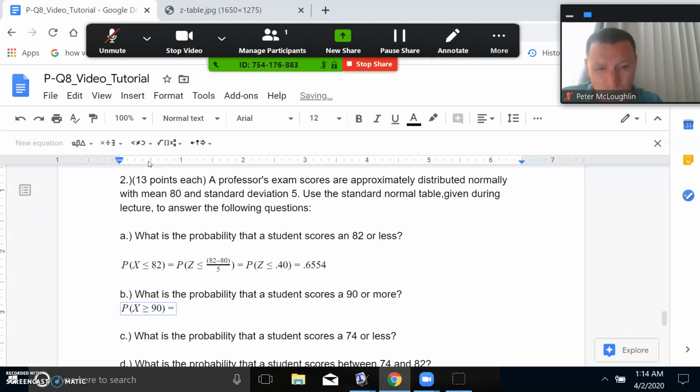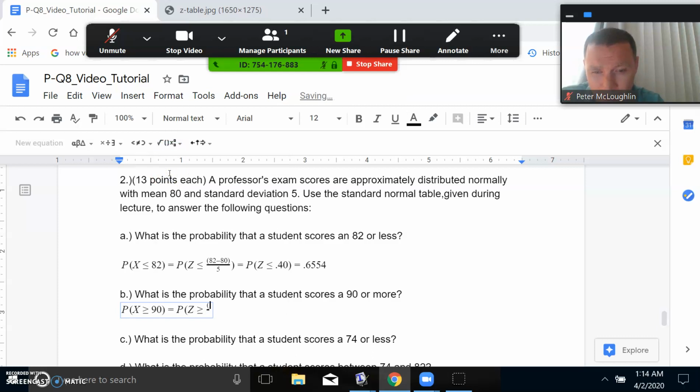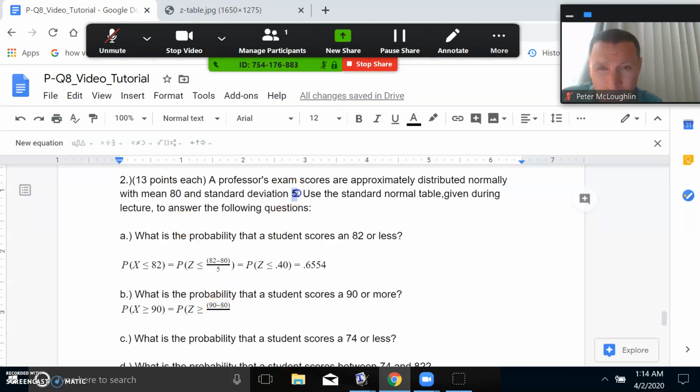We have to do our z-score, changing it to the standard normal. So we'll do 90 minus 80. Again, 90 is our x, and 80 is our mean, then divided by our standard deviation, which is 5.